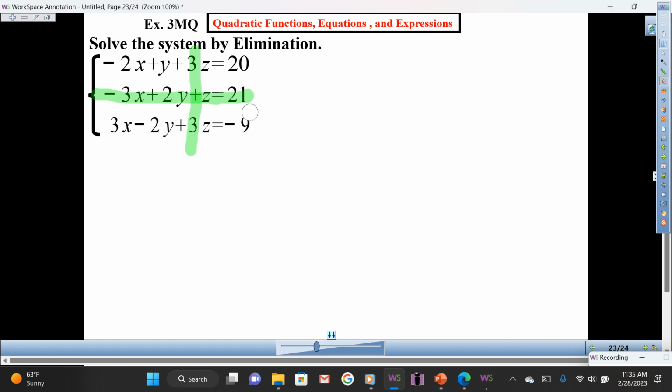Either I eliminate the z's and multiply this one times negative 3, or I eliminate the y's and multiply the top one times 2. So let's ask Jaden. Jaden, which variable would you like to eliminate? The y or the z? The y, okay. He says y.